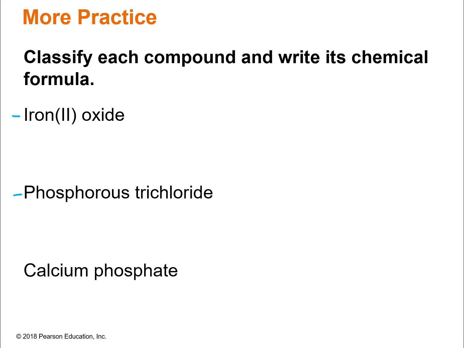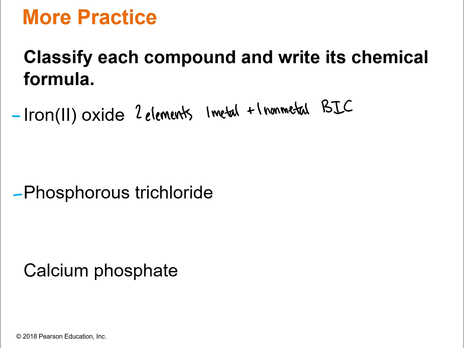Yeah, so we're looking for the classification first. But I see your answers for the chemical formula. We've got 2 elements, 1 metal plus 1 non-metal. So that is a binary ionic compound.